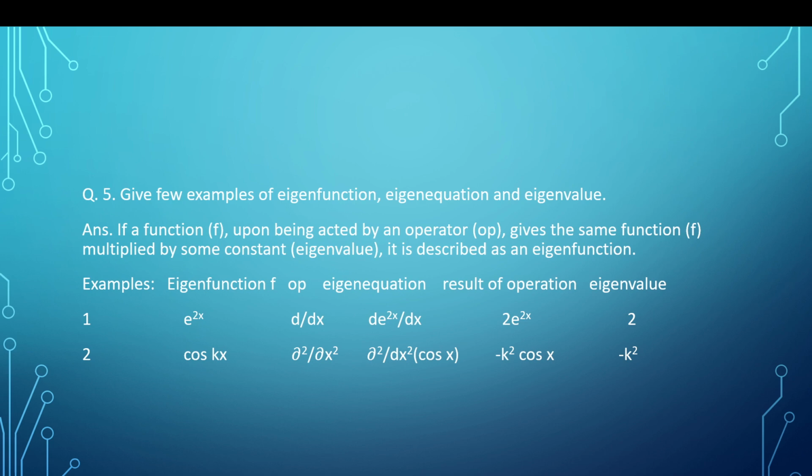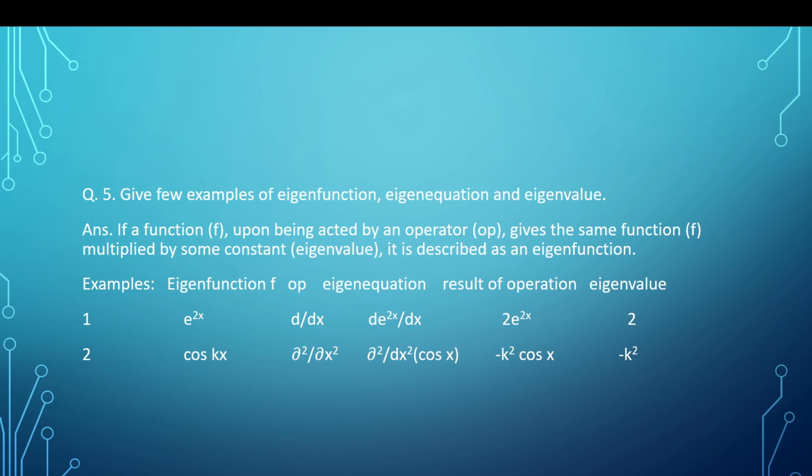Answer. If a function f, upon being acted on by an operator, gives the same function multiplied by some constant, it is described as an eigenfunction. Example 1. Suppose the eigenfunction is e power 2x and the operator is d by dx. Upon operation, we get the same function, e power 2x, multiplied by 2. Here 2 is the eigenvalue.